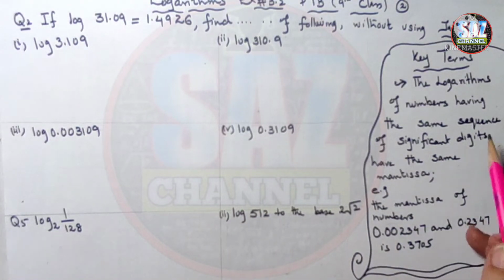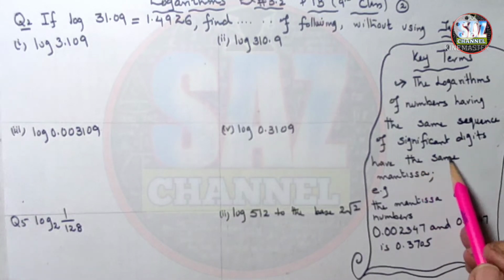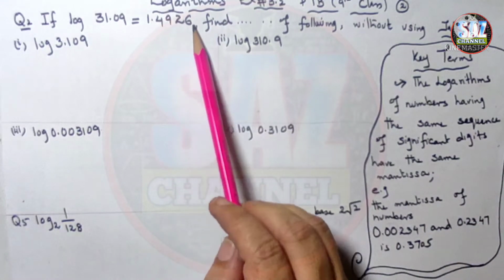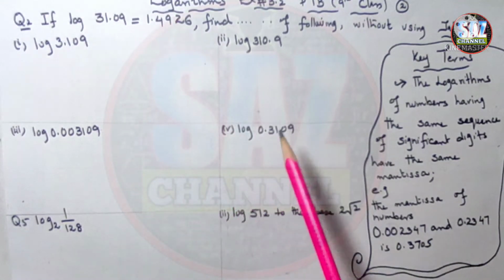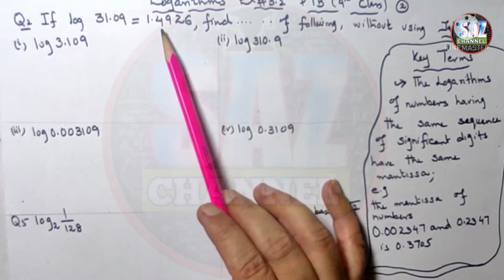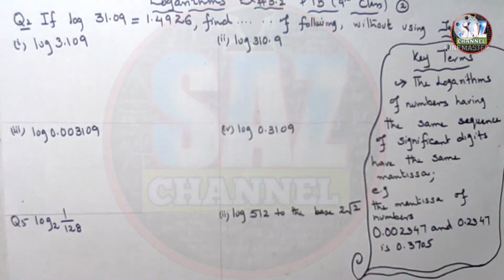As the given numbers have the same sequence of significant figures, the mantissa will remain the same. So we will not look up the mantissa for all of these questions from the log table. We just have to write the mantissa by looking at the information given in the question.